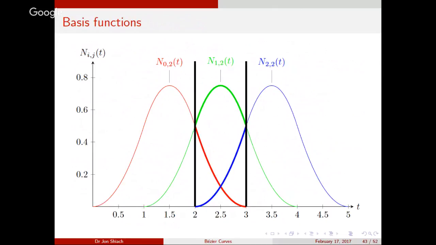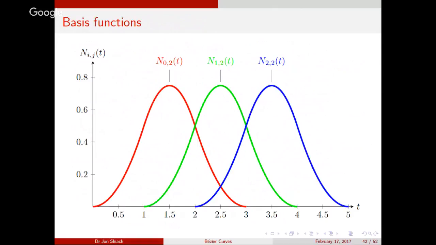In order for our B-spline to be defined, we need all three bases to be non-zero for a particular value of t. So for example, down here, only the red basis is defined, non-zero.